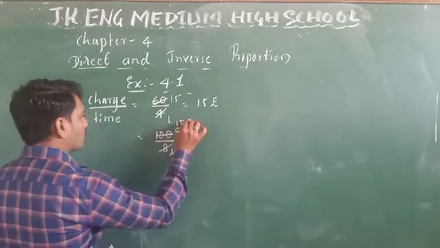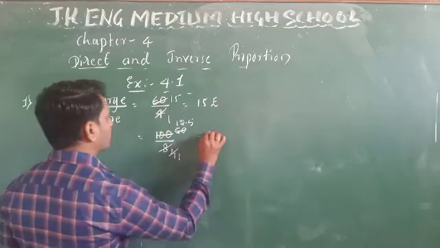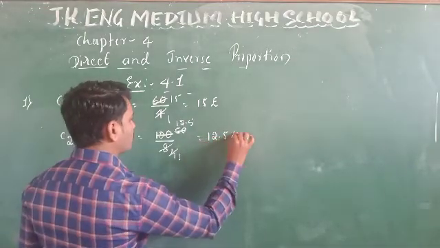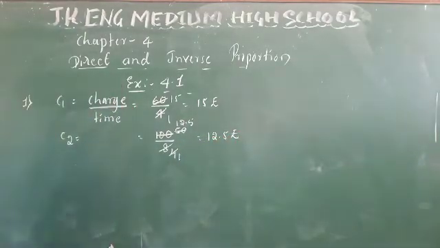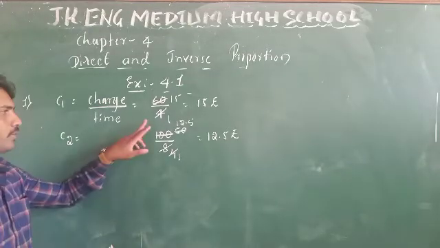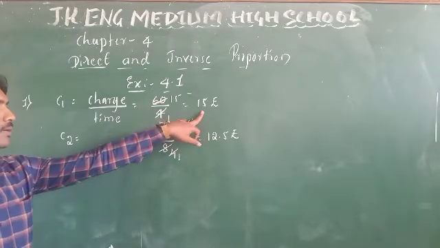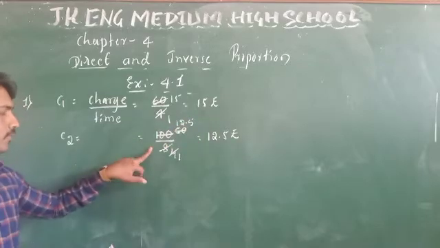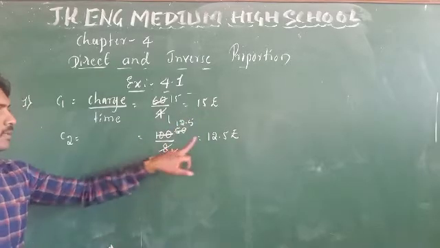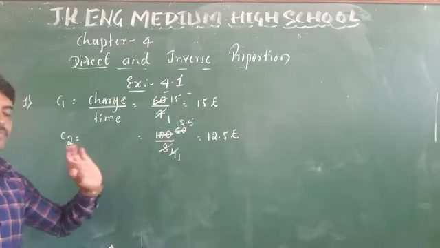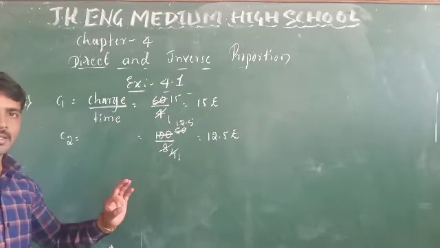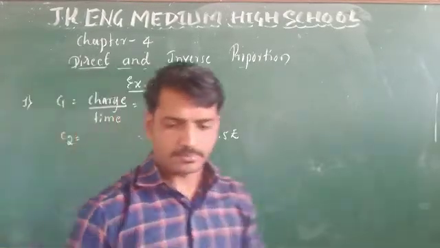Remaining 2, it will become 20. 4 5s are 20. 12.5 rupees. If he parked the car for 4 hours, he has to pay per hour 15 rupees. If he parked 8 hours, he has to pay 12 rupees 50 paisa per hour. Understanding? Okay. Next.